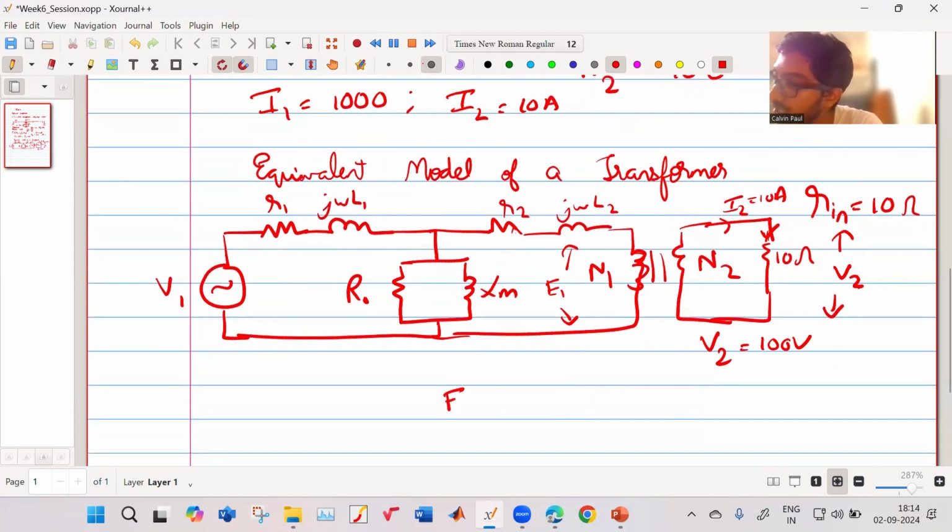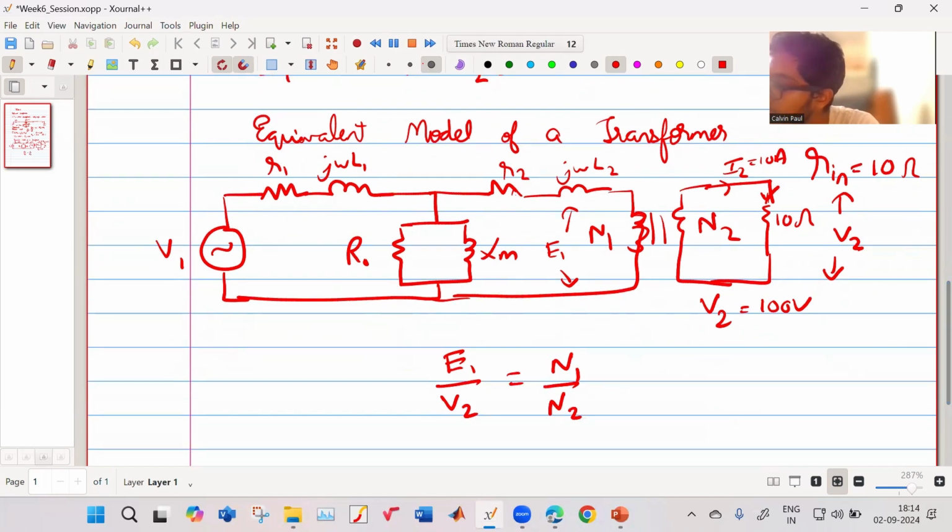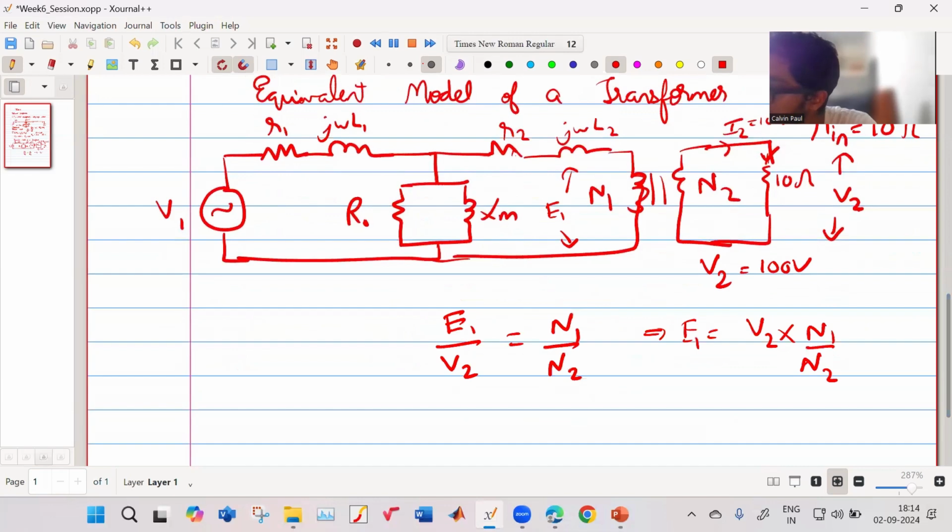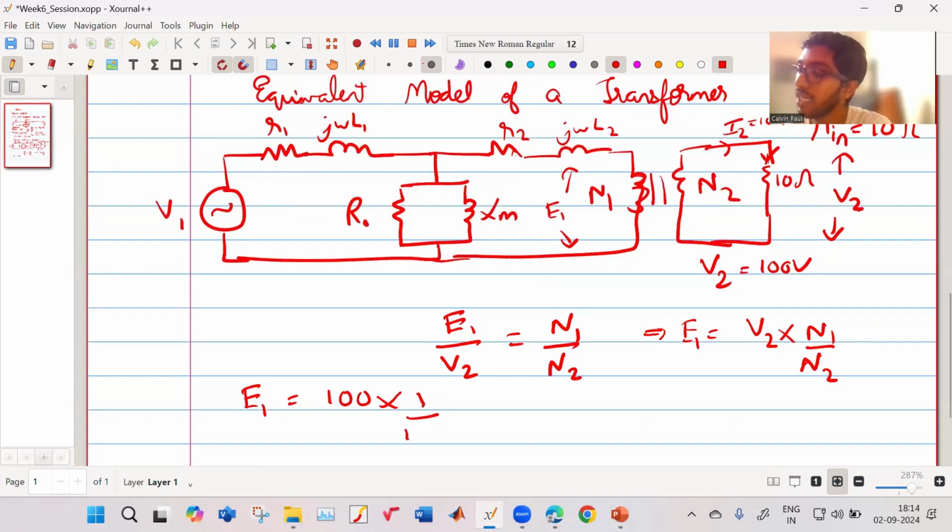We know E1 upon V2 is equal to N1 upon N2. So my E1 is equal to V2 into N1 upon N2. What is my N1? N1 is 1 turn and my N2 is 100 turns.